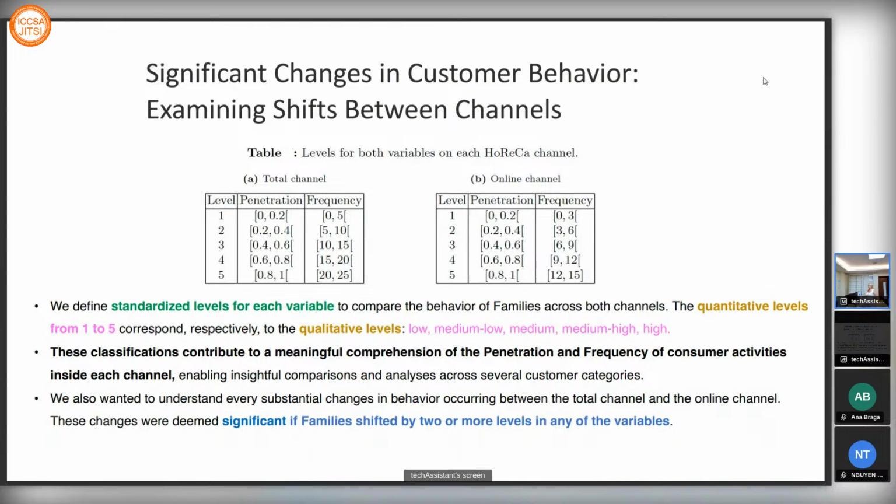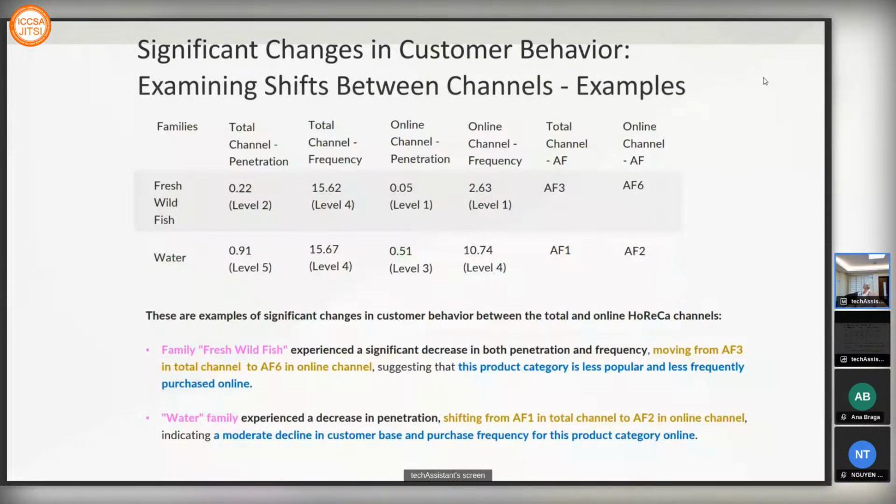I'm going to talk only about one. For example, the water family experienced a decrease in penetration, shifting from AF1 in the total channel to AF2 in the online channel, indicating a moderate decline in customer base and purchase frequency for the product category.